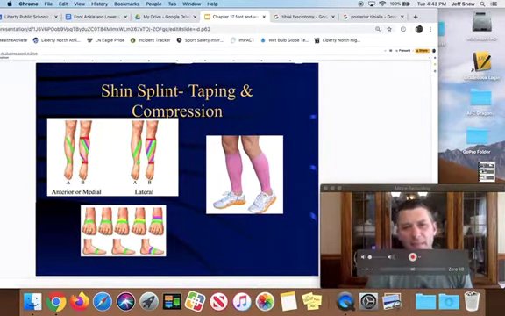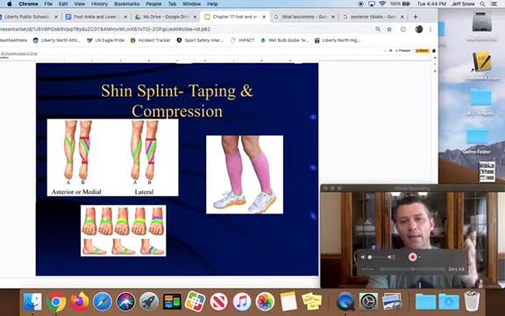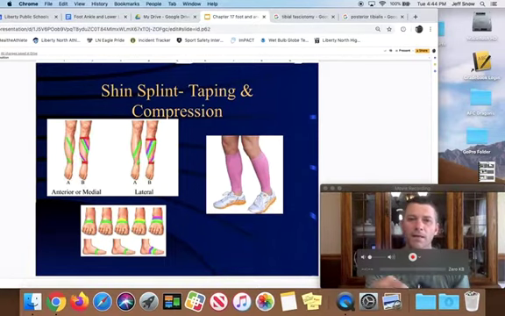From a taping and compression standpoint, for the most part, I don't think shin splint taping is very effective. I think it treats the head more than it treats the shin. The one exception might be if you've got somebody that's got flat feet, and that's what's causing their shin splints, their MTSS, then yes, a tape job of their arch, some arch support, some compression in that area to help rebuild their arch is going to help their shin pain.